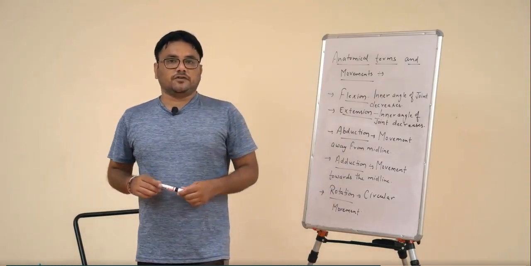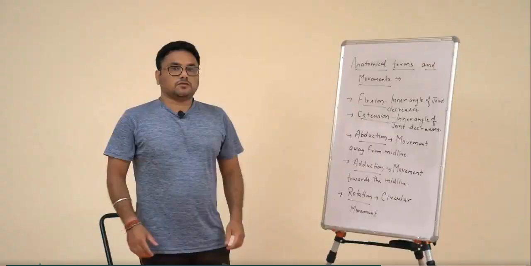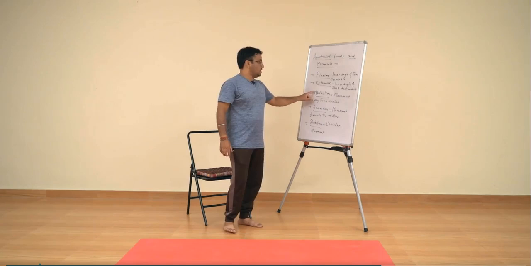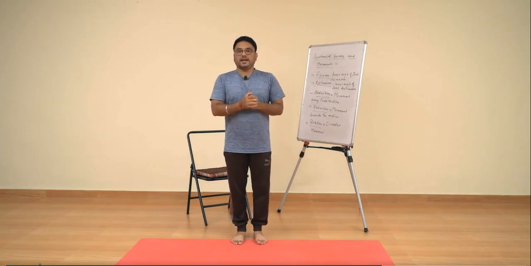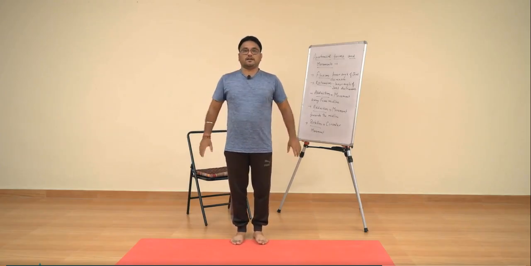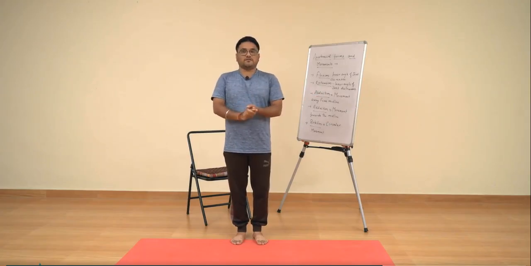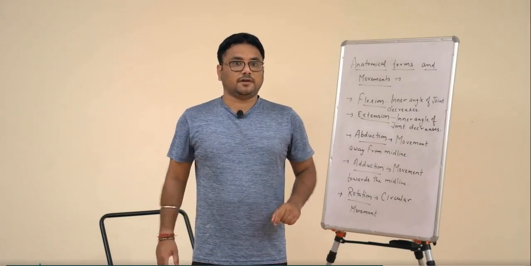Is it clear to everyone? I hope that makes a little bit of sense to you with the anatomical movements which we have discussed right now: flexion, extension, abduction, adduction, and rotation. Let's take one movement again, a quick revision. Let's come to the standing posture, all of you please, wherever you are right now, and let's go for the flexion of the hip.